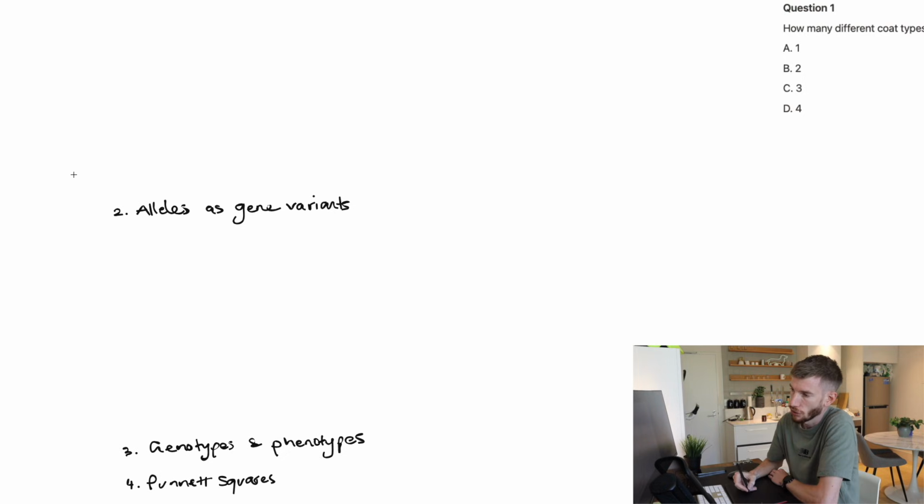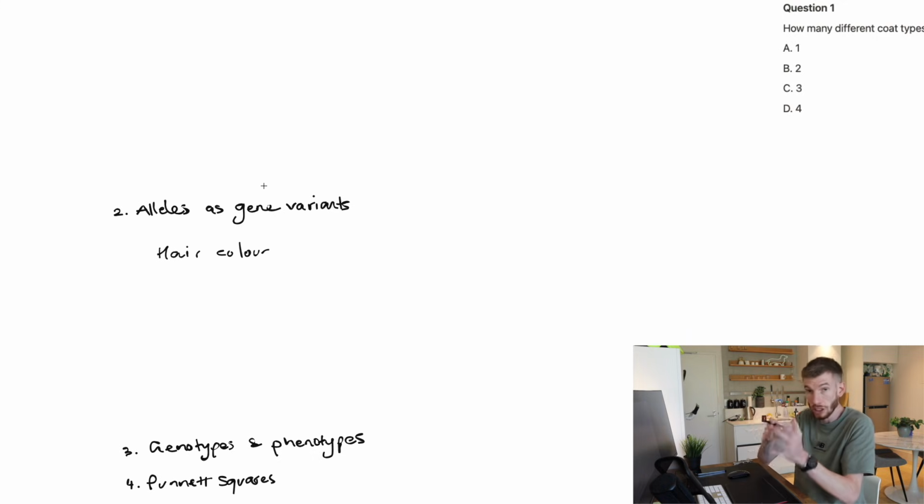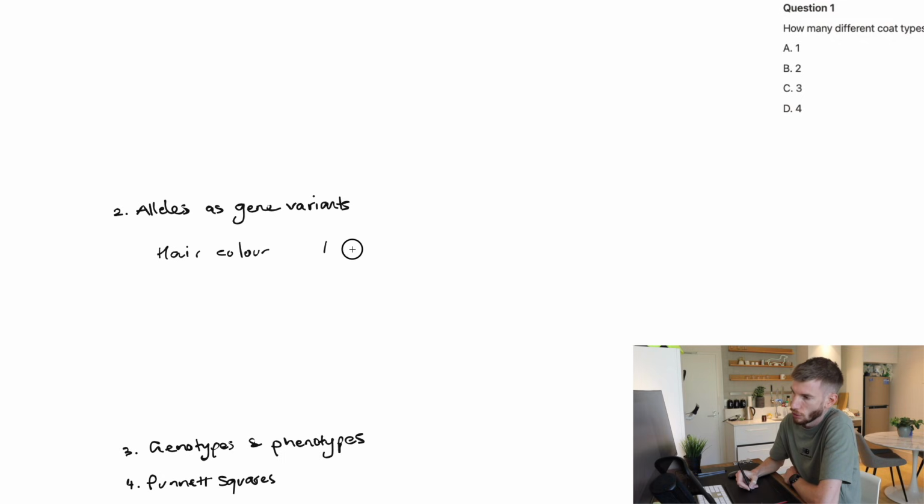A perfect example would be something like hair color, right? So we have one gene that codes for hair color, but then we have different variants of it. We have brown hair, blonde hair, black hair, red hair, and anything else in between, I guess. So we would have one gene for simplicity, the hair color gene.